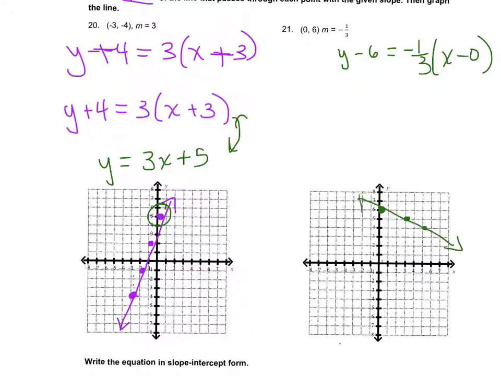Looking at it right now, they're giving you the y-intercept right there at 6. So y equals, the slope is -1/3, x, that's supposed to be a 3. Let me rewrite this. So this is the slope-intercept equation of that line, and this is the slope-intercept equation of the other line.